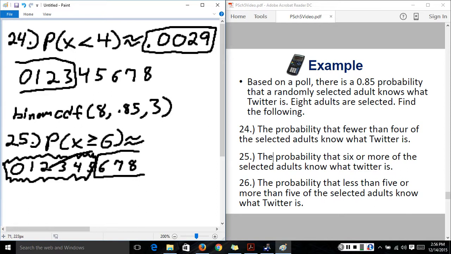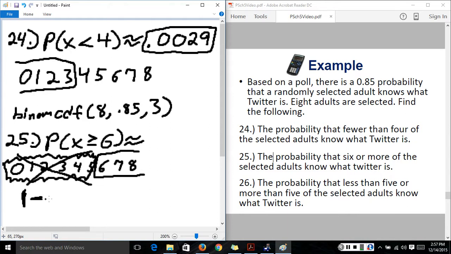So if I get rid of what I don't want, I'll be left with what I do want. Oh, well, this is a probability distribution so the sum of all of these probabilities would be 1. If I take the whole thing, that'd be 1 or 100%.